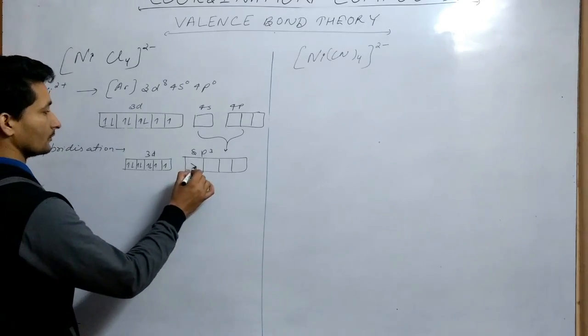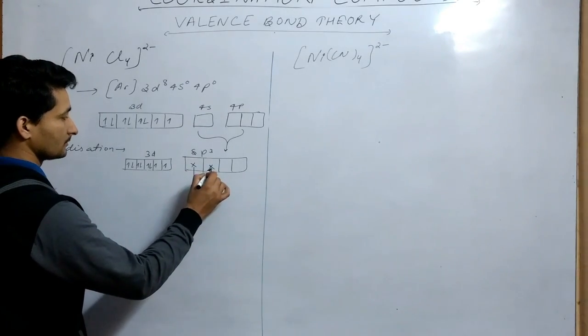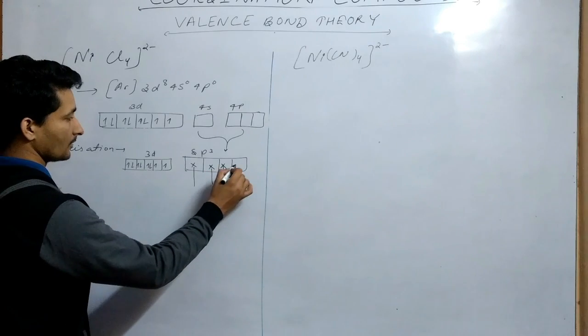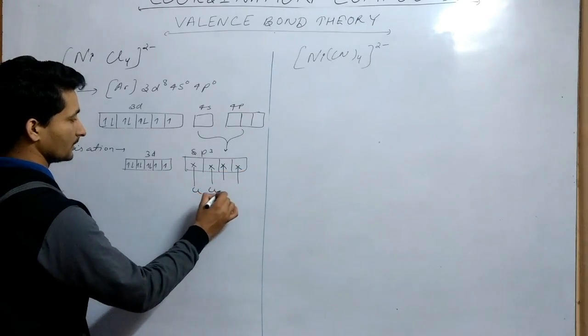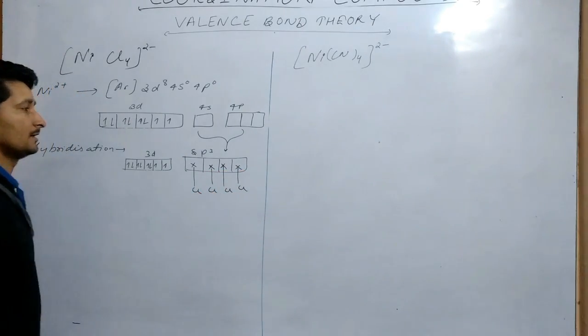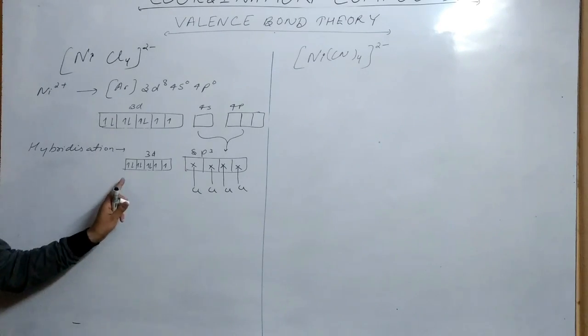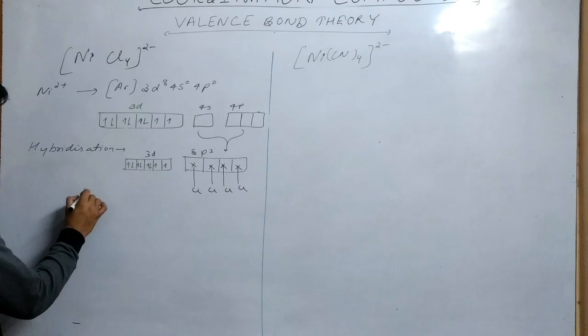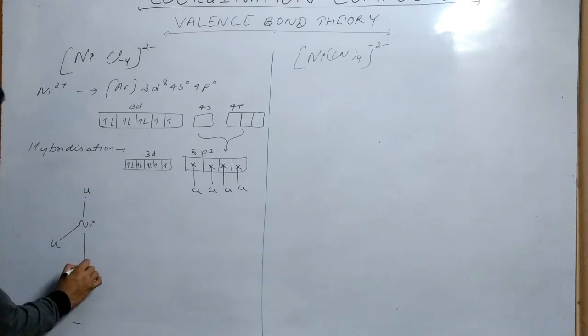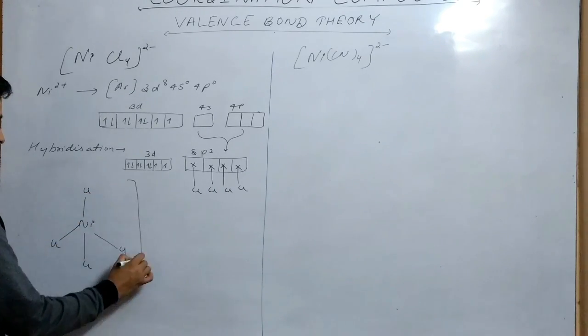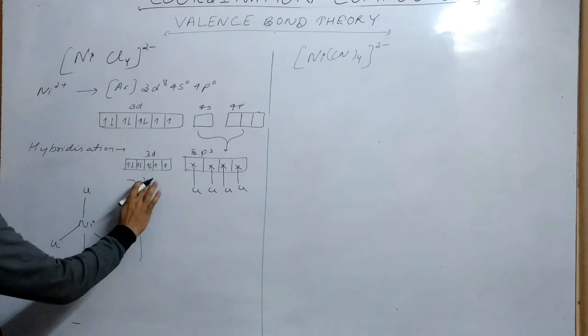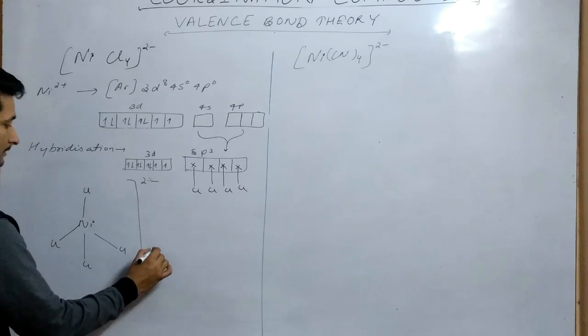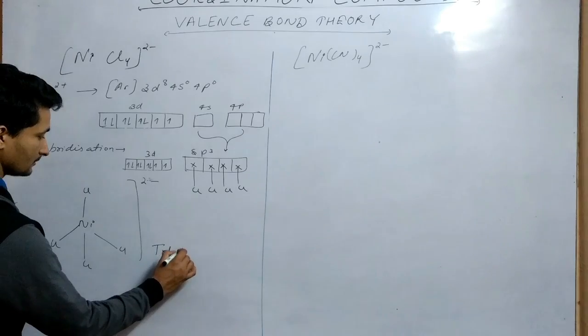So chlorine donates its electrons to form coordinate bonds. So its hybridization is sp3, and for sp3 hybridization, shape is tetrahedral.